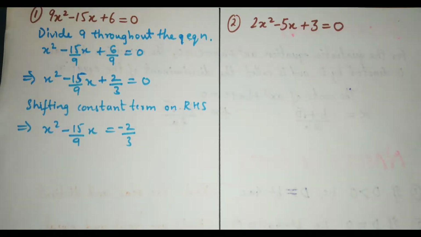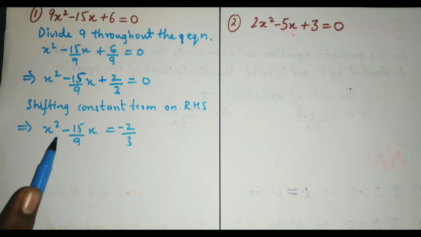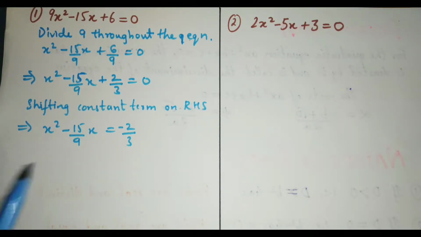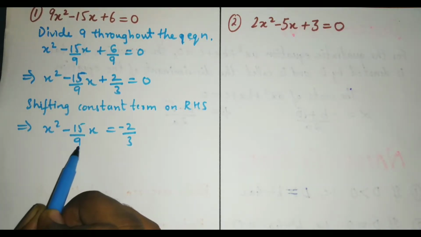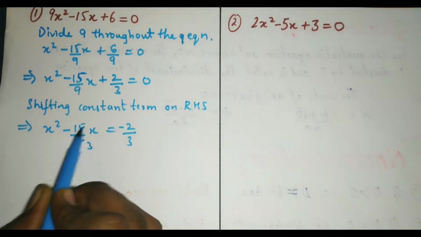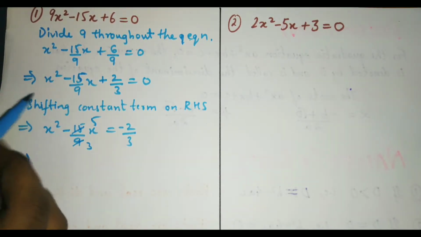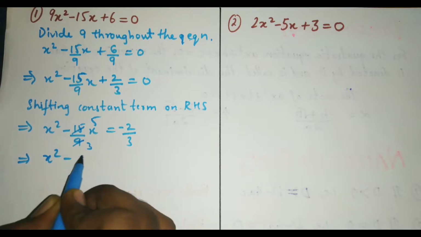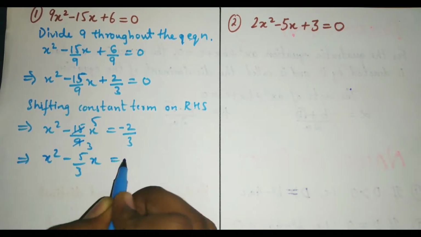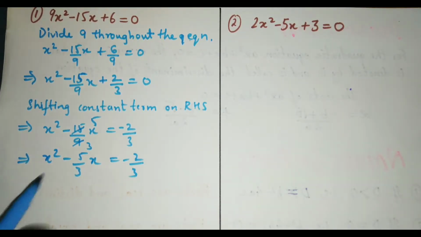One more thing you have to see here, that you can simplify this term also. That is nothing but the coefficient of x. You can cancel it by 3 also. This will be 5 by 3, right? So you can write it. You can do it in this step only. Fine. So I forgot to do that. You can do it in that step only. Fine. So this is basically the equation. So 5 by 3 we got.